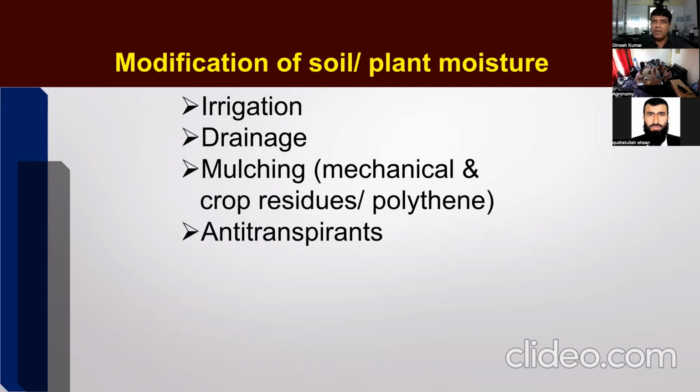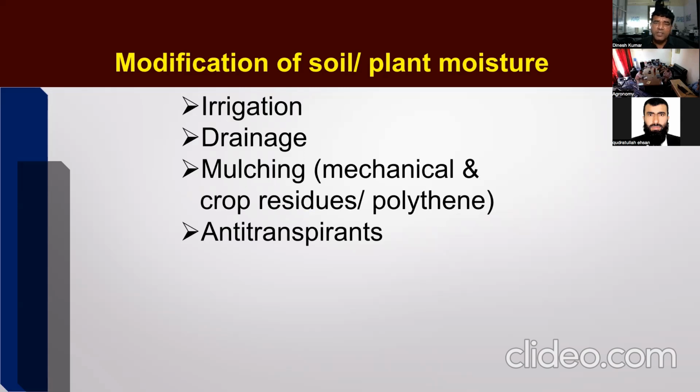Now, what can be done if you have low water supply or excess water supply? Here, the role of cultural practices or agronomic practices becomes imminent. If you have a moisture deficit, simply you apply water. By applying irrigation water, we can counter the drought stress.